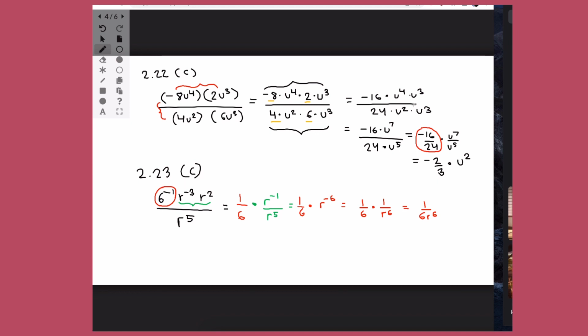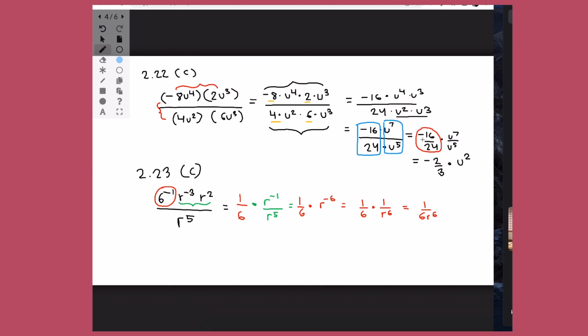Then once again, we know by the exponent addition rule that u to the power 4 times u to the power 3 would be u to the power 7. And then on the denominator, u squared times u cubed would be u to the power 5. So then all we did is we separated this constant term and this variable term, and we multiply them together separately.